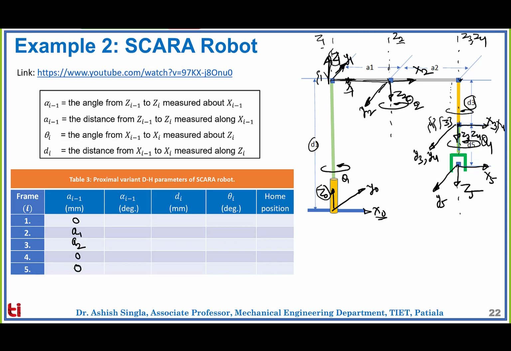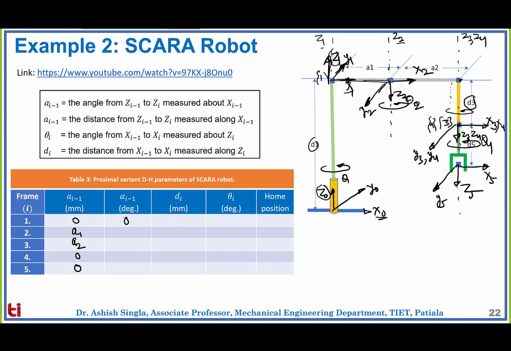Now next comes the link twist angle. So again we have z0 to z1 along x0, so you can see z0 and z1 are in the same direction, so the angle is 0. Then z1 to z2 along x1, here you can see z1 is upwards, z2 is downwards, so there is an angle of 180 degrees.